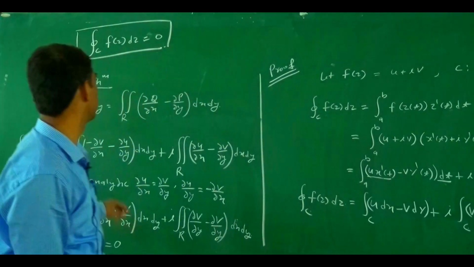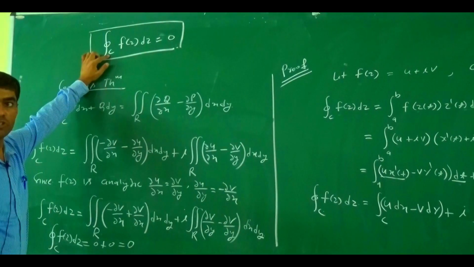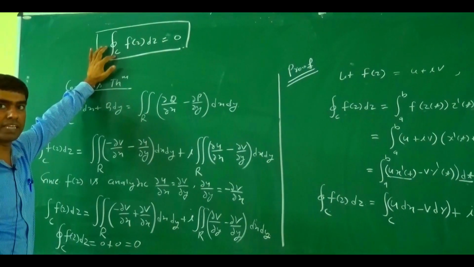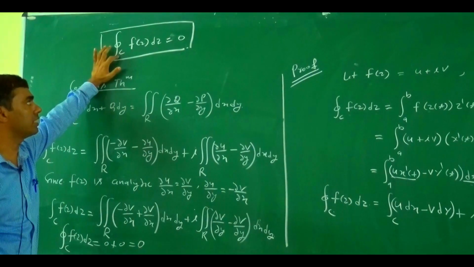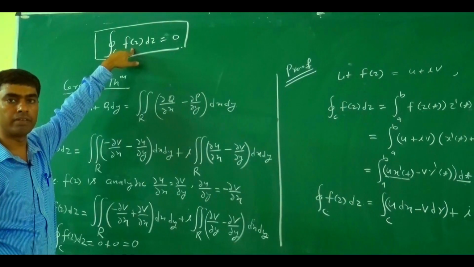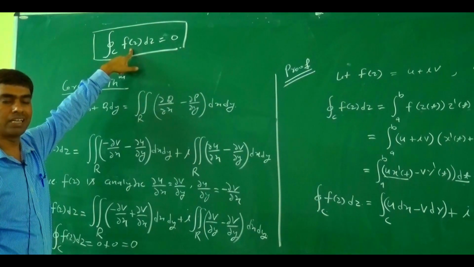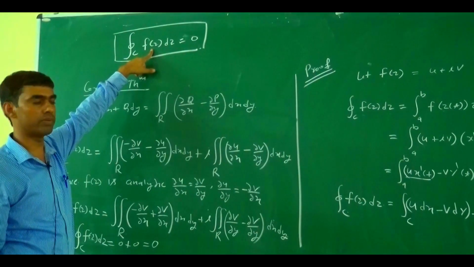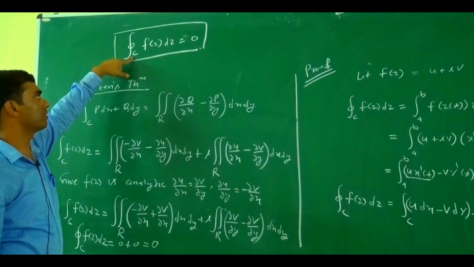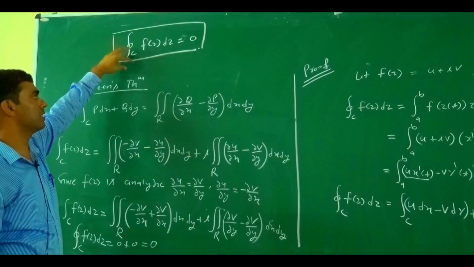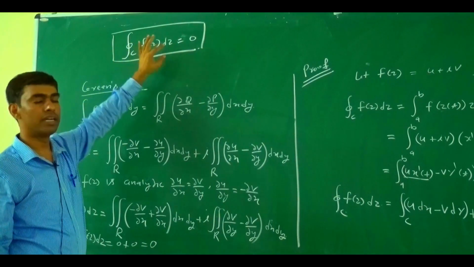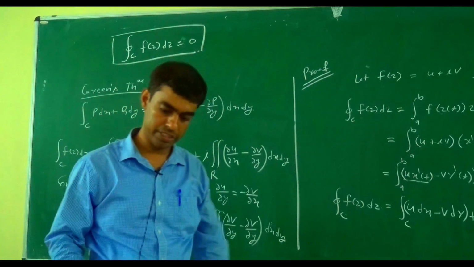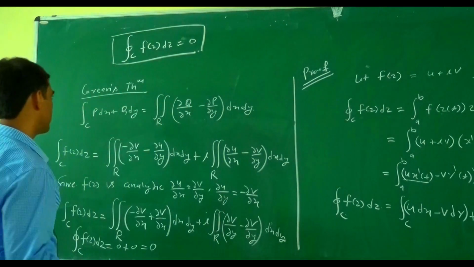If inside a closed curve C, which lies inside a simply connected domain D, the function is analytic and the derivative f'(z) is continuous in the simply connected domain D, then the integral over C of f(z) dz equals 0. So this is a very important theorem.